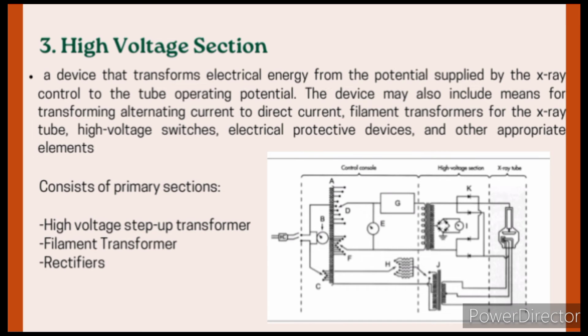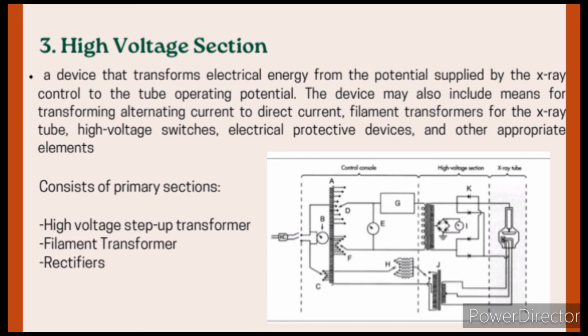Number 3, high voltage section. A device that transforms electrical energy from the potential supplied by the X-ray control to the tube operating potential. The device may also include means for transforming alternating current to direct current, filament transformers for the X-ray tube, high voltage switches, electrical protective devices, and other appropriate elements.